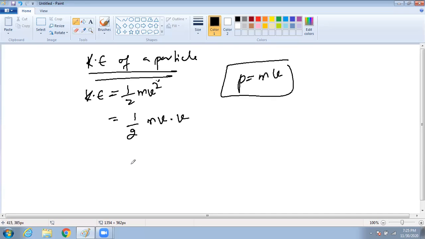Then I can write this as v by 2 into p. Then what I'll do, I will multiply again by p, and I will divide by m.